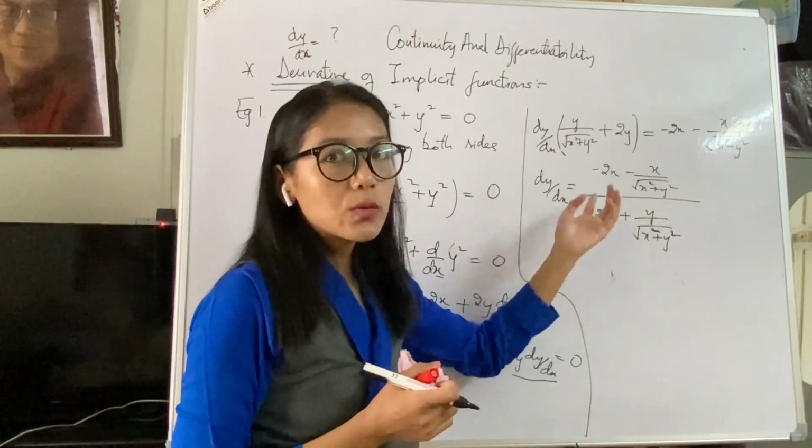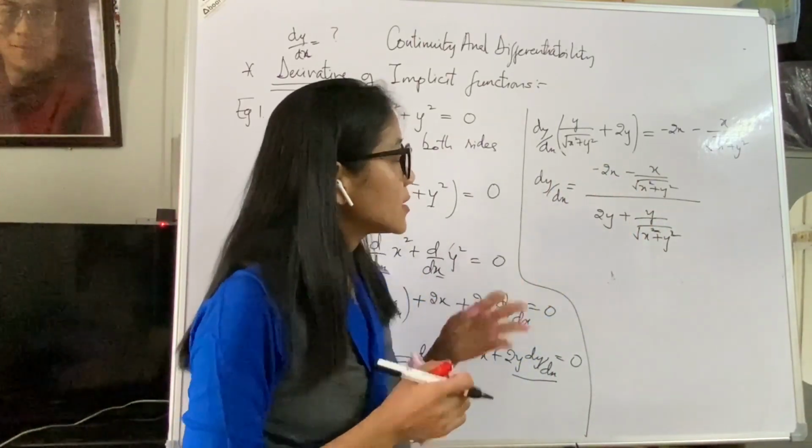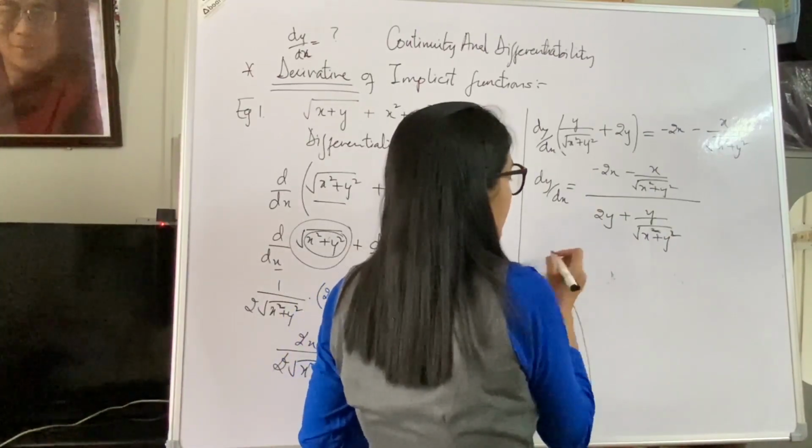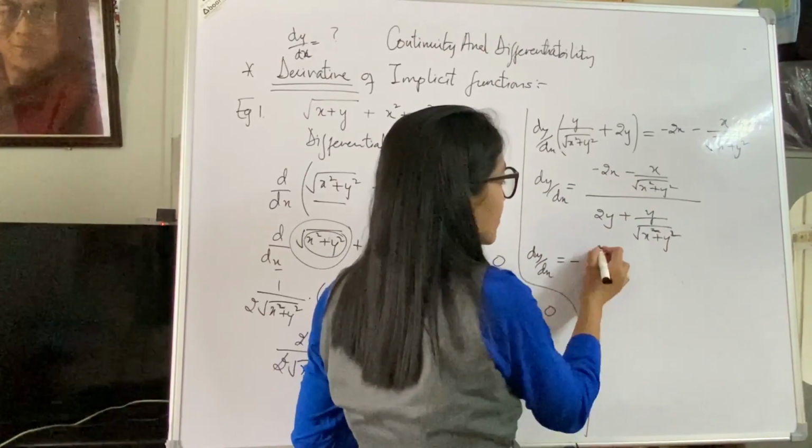Now this is what we want to find, okay? And now we got everything, but you need to simplify the terms now. So I can do it like this. So dy by dx is equals to, now from this two I will take out negative common.